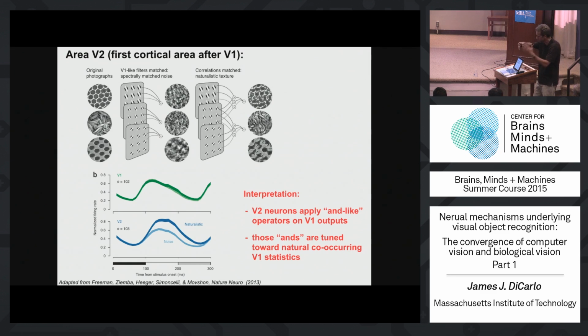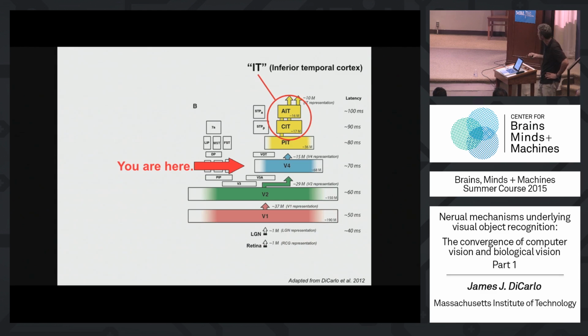Everybody thinks it has something to do with corners or more complicated structure, but this is a way the field is trying to move these image computing models forward in V1 and V2. And Tony likes to point out that this is one of the strongest differences you see between V1 and V2 other than receptive field sizes. I think that's quite exciting work on V2 if you don't know about it.